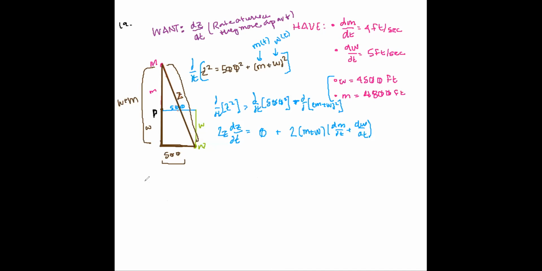I'm just going to rearrange this so that I'm explicitly saying dz dt is equal to 2 times m plus w times dm dt plus dw dt over 2z. So I'm going to have those 2's cancel because they can.